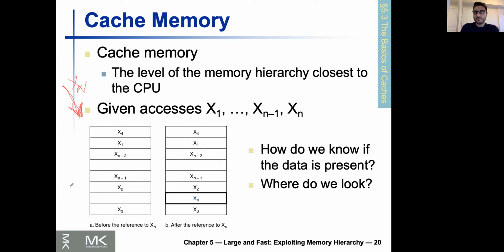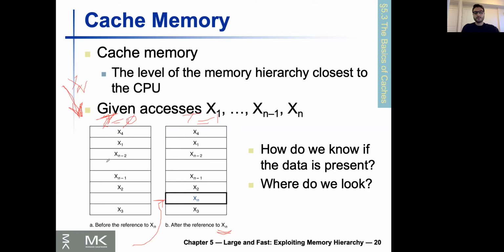We go back down the memory hierarchy, and for instance, we find it in memory, in the DRAM, and then we bring it back up here and access it. Now, after the reference to XN, this is the snapshot of the cache. Perhaps this is T0 at time 0, and this is T1.